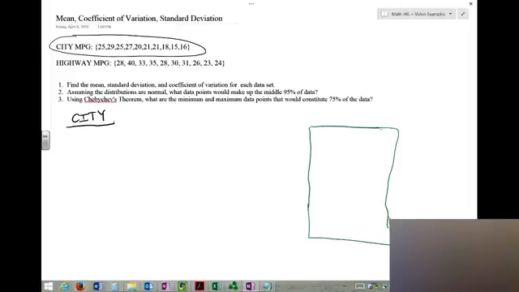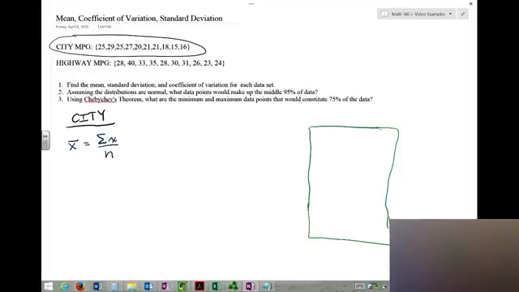And we know that the mean is going to be the sum of the data divided by the number of data points. That's the first thing we need to find.